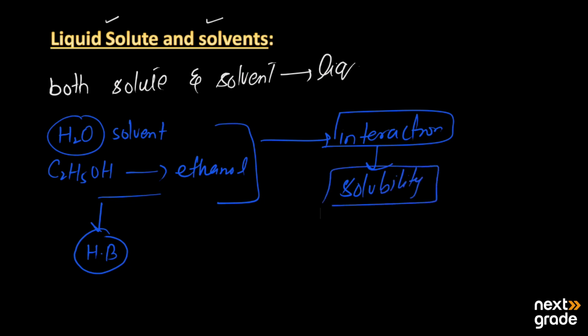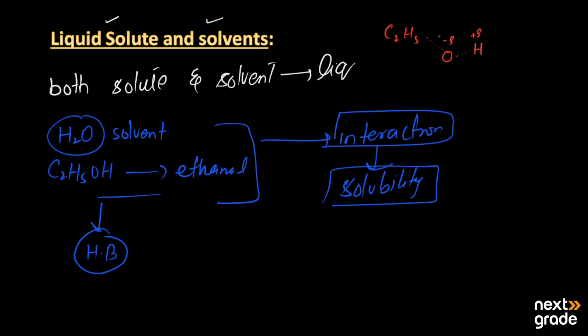What type of interactions will be created? Let's have a look at its structure. When we draw a simple structure of the interaction of ethanol, the structure of ethanol is like this: C2H5, and then we have oxygen and hydrogen. Oxygen has a partial negative charge and hydrogen has a partial positive charge.